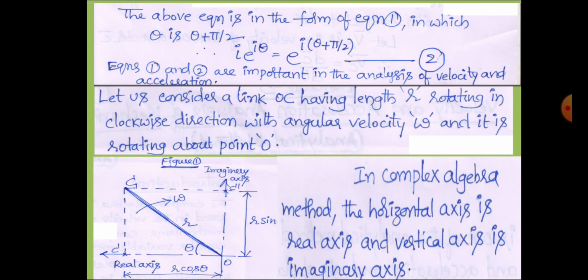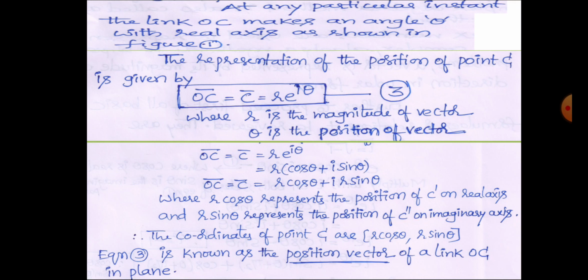Please remember, for any link, if it is AB, then I should write AB bar or B bar, equal to, in general, r into e power i theta, in which r is the magnitude of the vector and theta is the position of the vector.